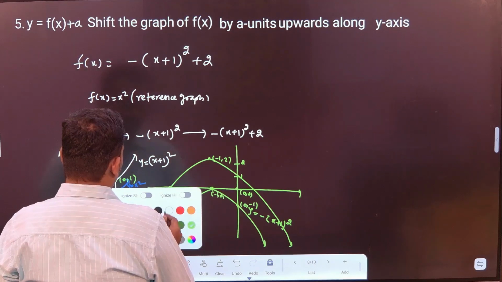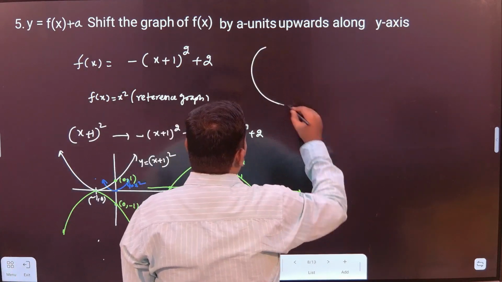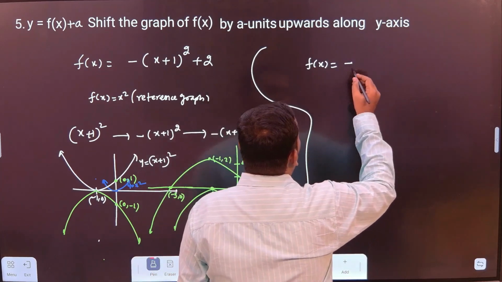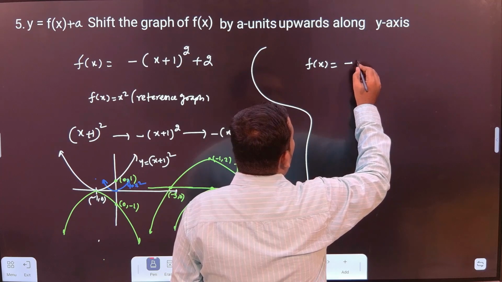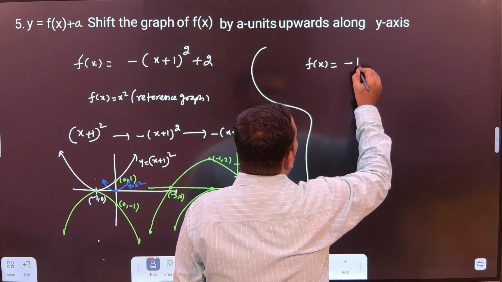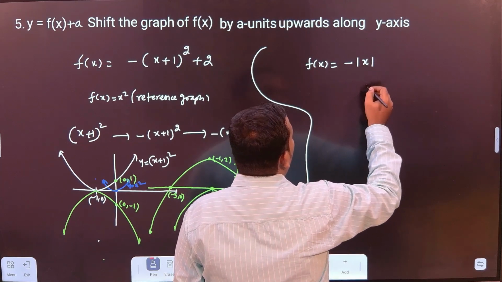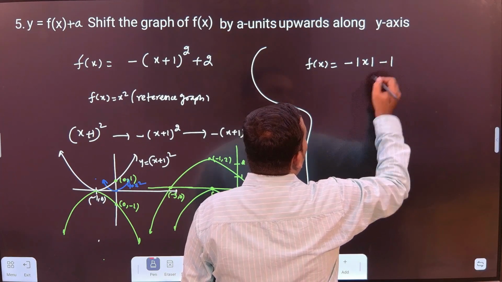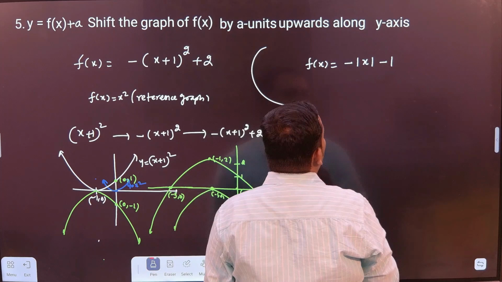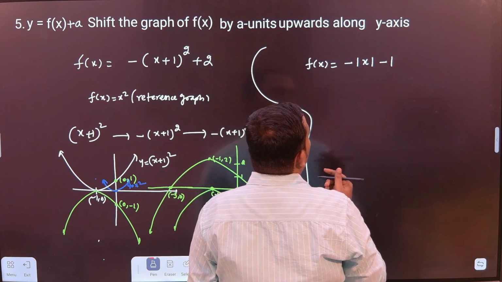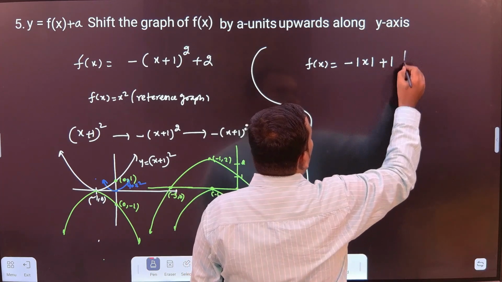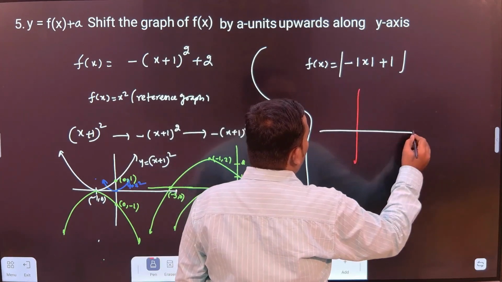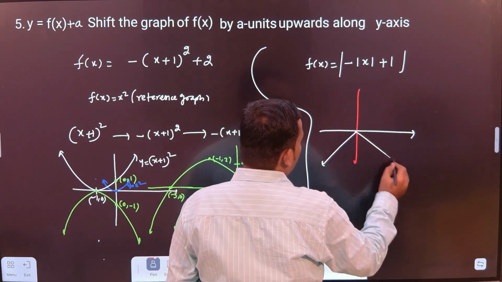Suppose let us take one more example. We'll continue with the next question. Suppose f of x equal to, let me take minus mod x, plus 1, modulus you can take. So just very simple. Minus mod x graph is this one, right?